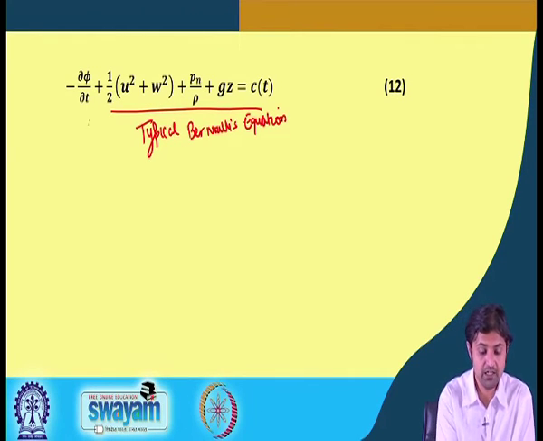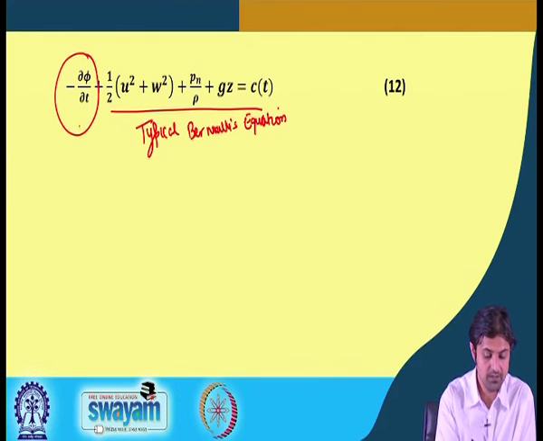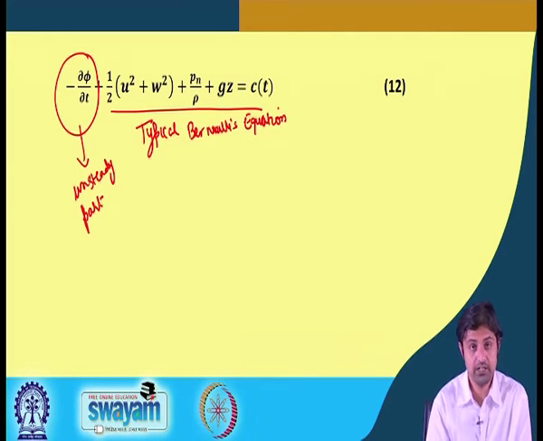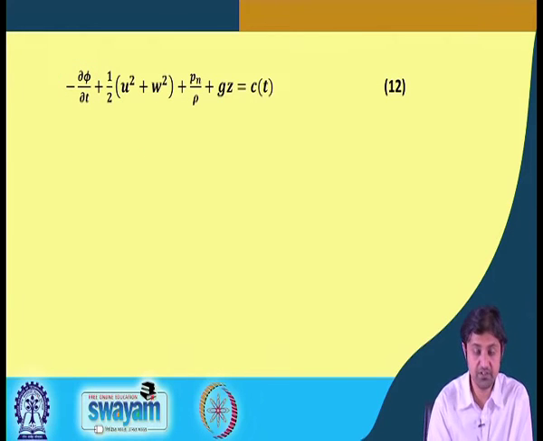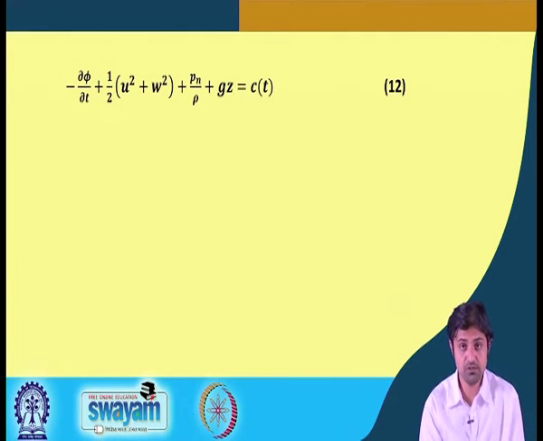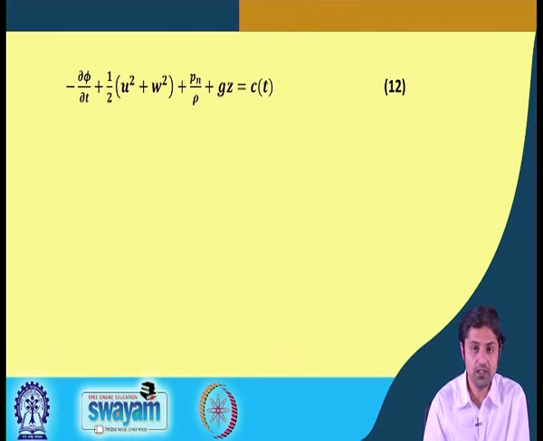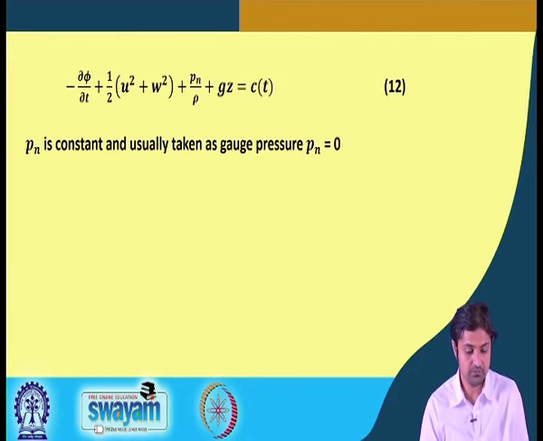To make it unsteady, we add another term, this is the unsteady part. All right. So, to derive the dynamic free surface boundary condition, we make use of the unsteady Bernoulli's equation.